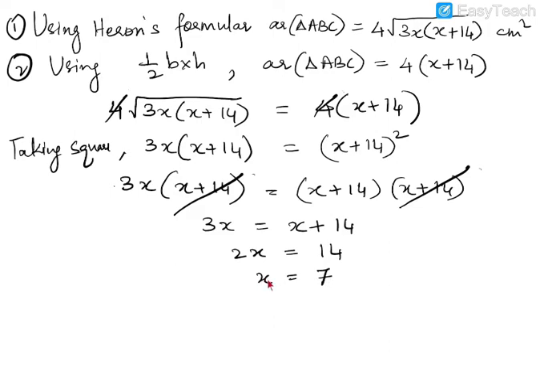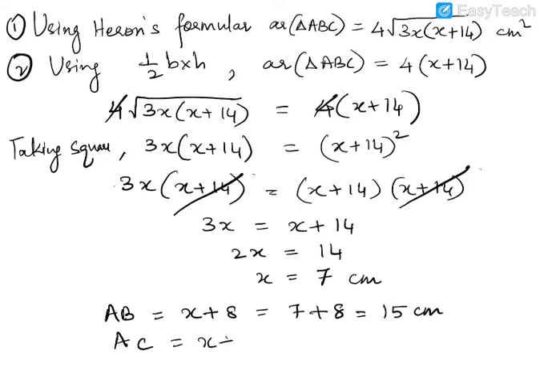Now that we have got the value of x, we can find the sides of the triangle. So AB will be equal to x plus 8, which is 7 plus 8 equal to 15 centimeters. And AC will be equal to x plus 6, that is 7 plus 6, which is 13 centimeters.